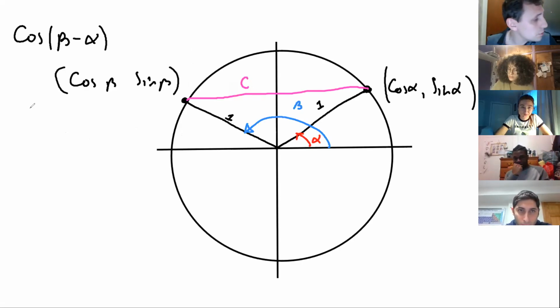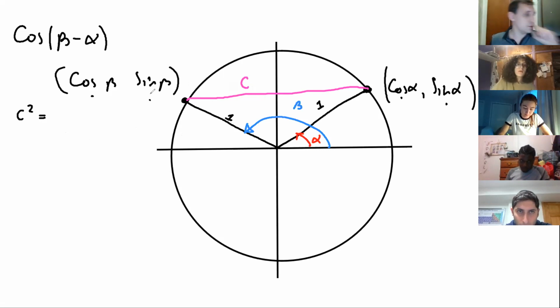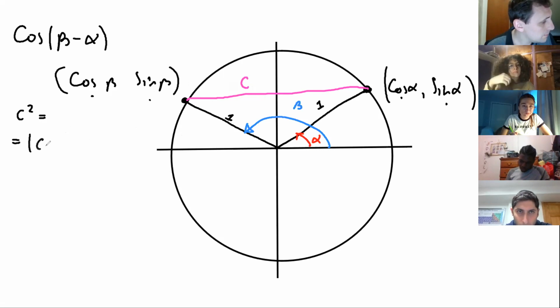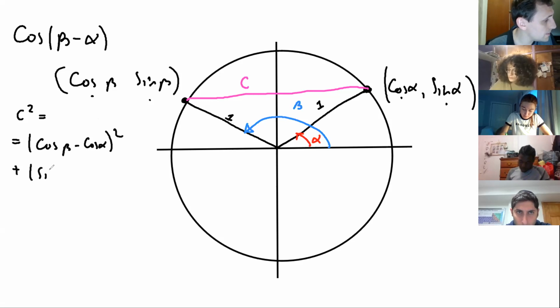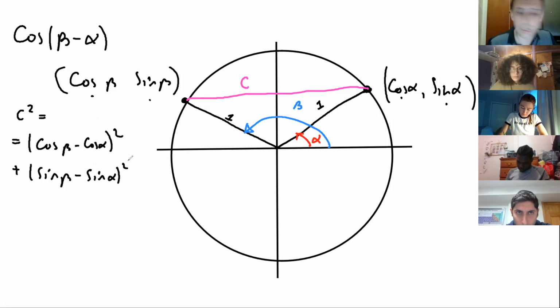So that allows us to figure out a formula for C squared. Are you ready? So the C squared is just the difference of the X coordinate squared plus the difference of the Y coordinate squared. Yes. So we get that it is cosine beta minus cosine alpha squared plus sine beta minus sine alpha squared.